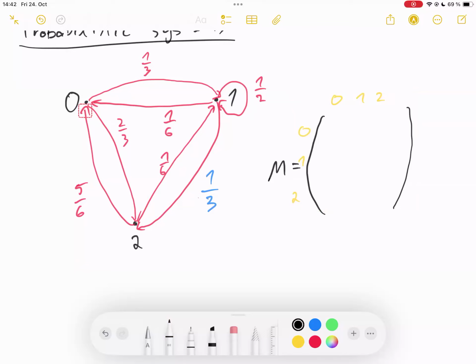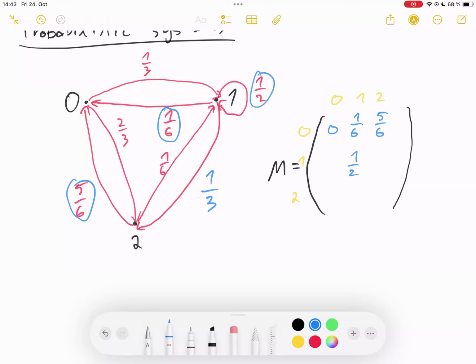From 1, the incoming probability, the one I'm highlighting now in blue, is 1/6. And from 2, we have an incoming probability of 5 divided by 6. There's no loop in 0, so we put a 0 here. Now, for node 1, we have a loop, which is this half, and we put that here.